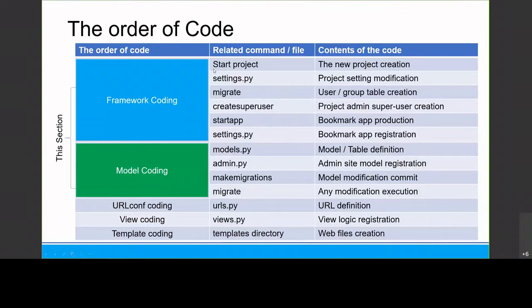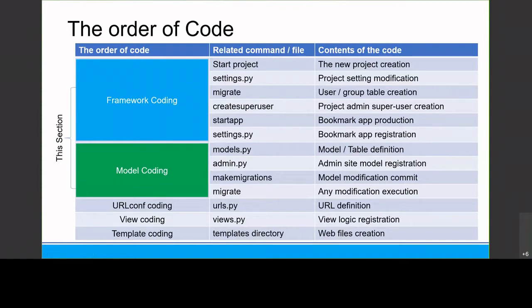We will create the project, and after we create the project, second we will modify the setting, and then we will do migrate. So it means we will make the user or group table creation, and then we will create the superuser.